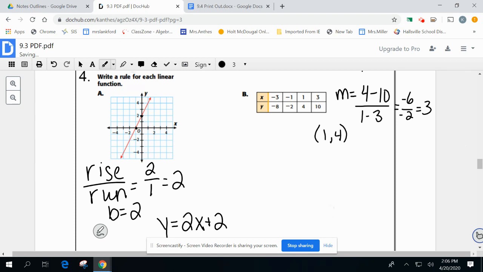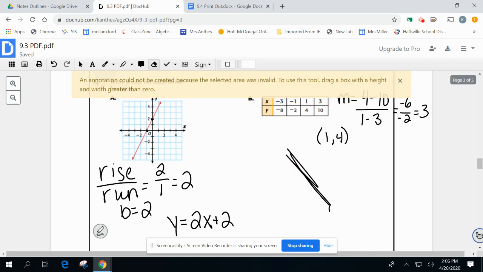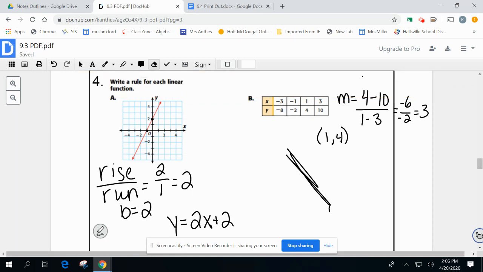So I would put 4 here for y. So 4 equals 3 times x, which is 1, plus b.